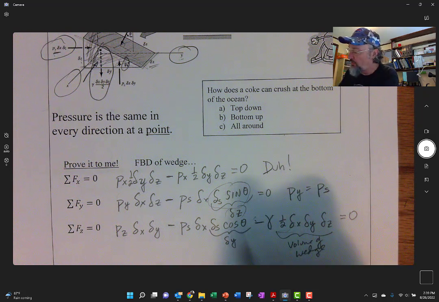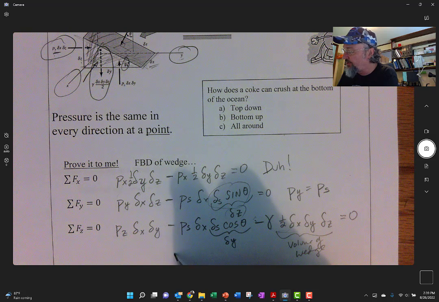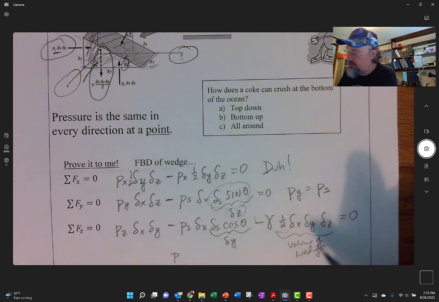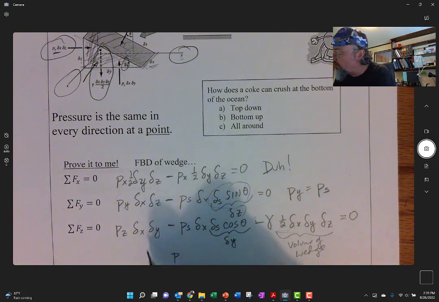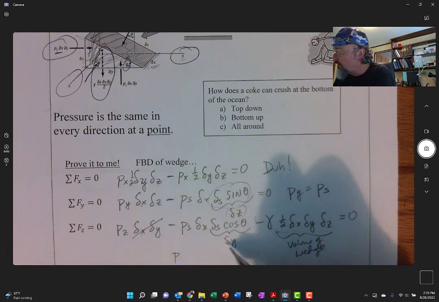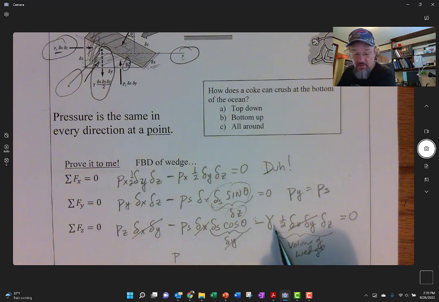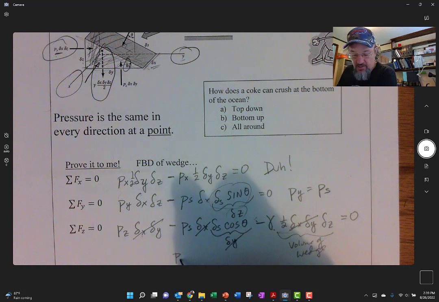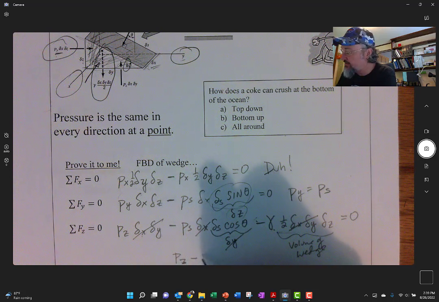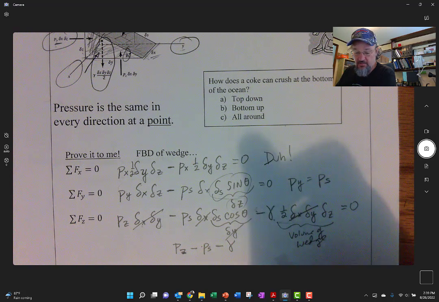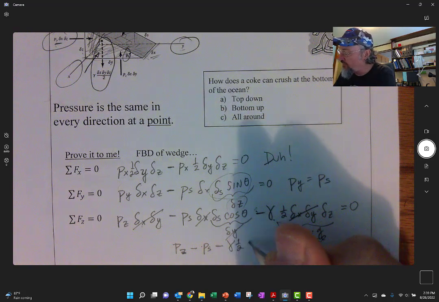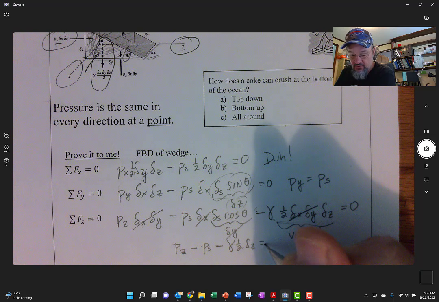And so what we conclude from this is that we have some things cancel out. So we have del x and del y, they're going to cancel out. And this is del x and del y, so they can cancel out. And there's del x and del y. So what you could say is that pz minus ps minus gamma times 1/2 del z is equal to 0.